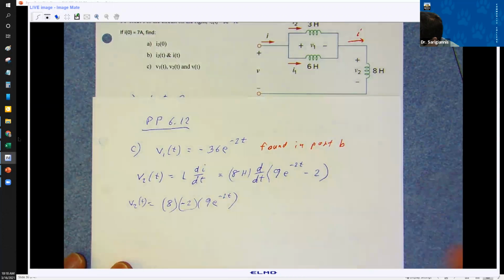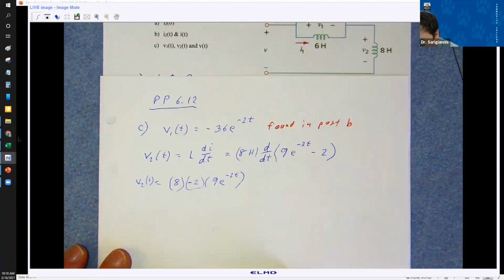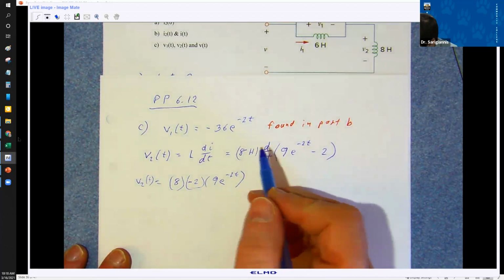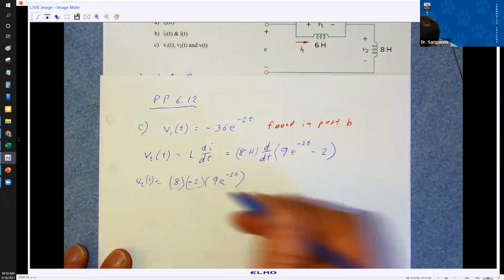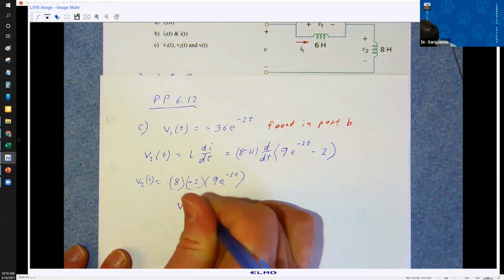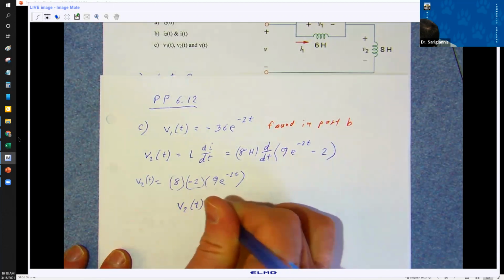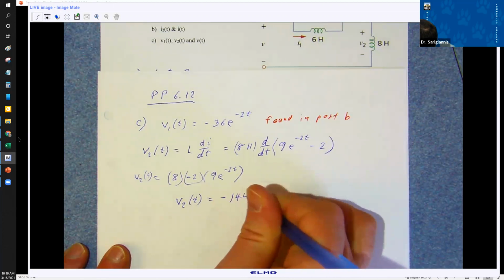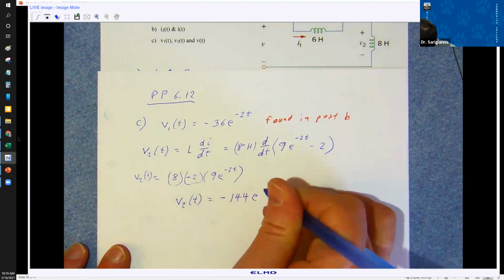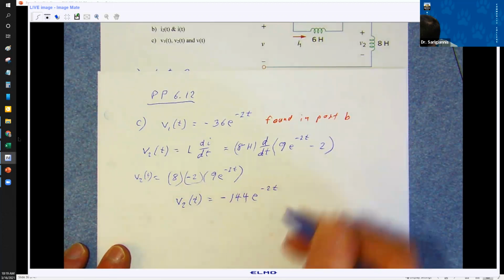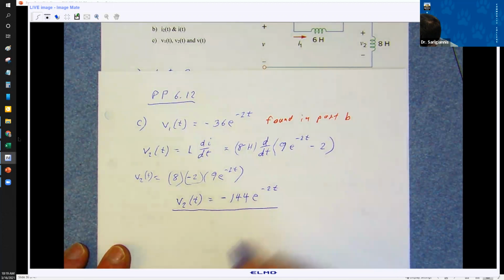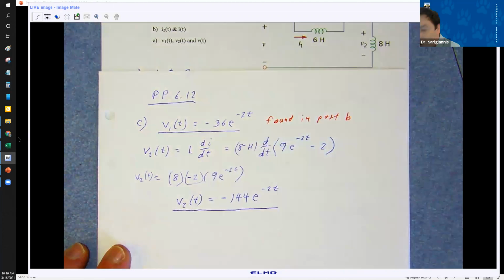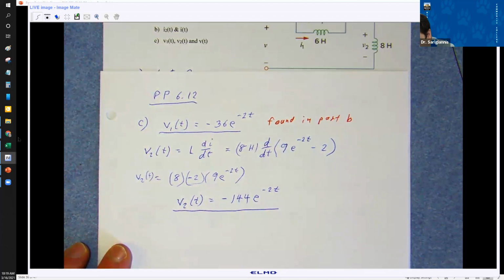Obviously, the derivative of 2 with respect to time is 0, it goes away. So V2 as a function of time is equal to negative 144 e to the minus 2t. So we got V1, we've got V2.